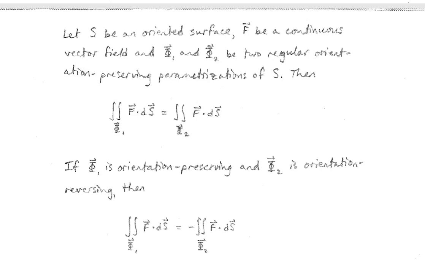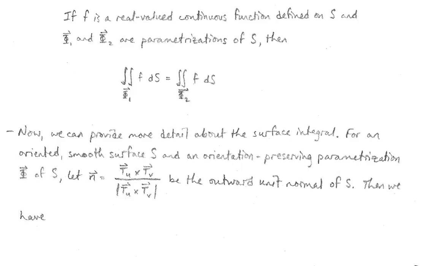If your parameterization is orientation reversing, then it's just going to multiply the end result of the orientation preserving parameterization by a -1. So orientation preserving parameterizations do not change the sign. If you reverse the orientation, then you are multiplying by a -1.